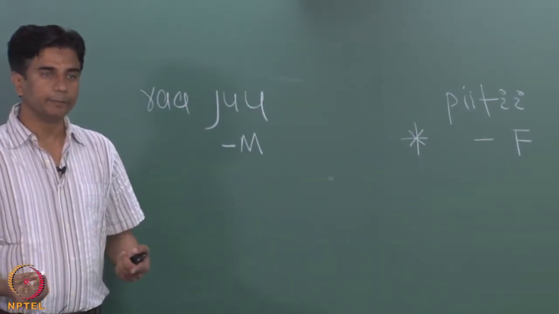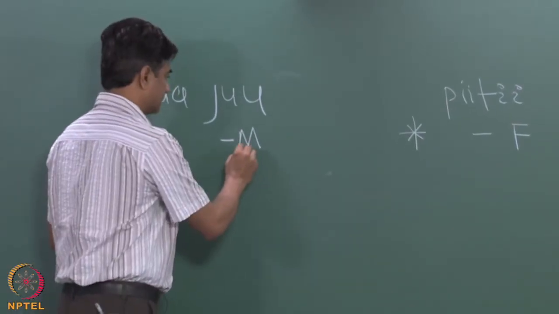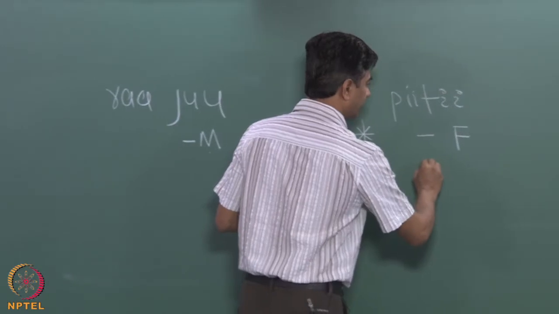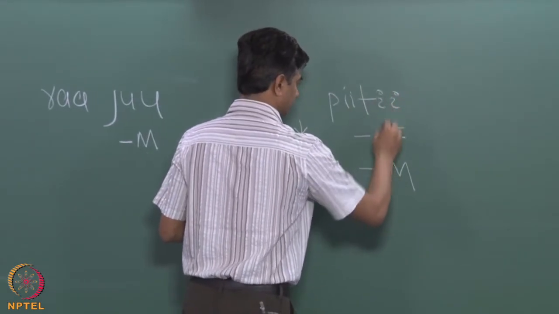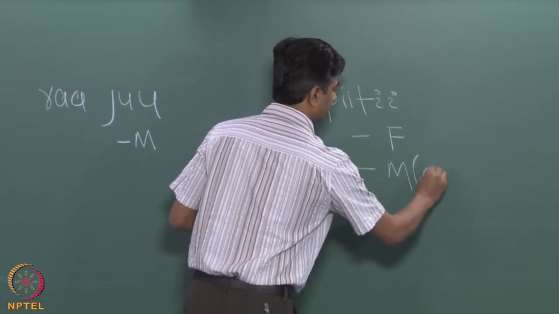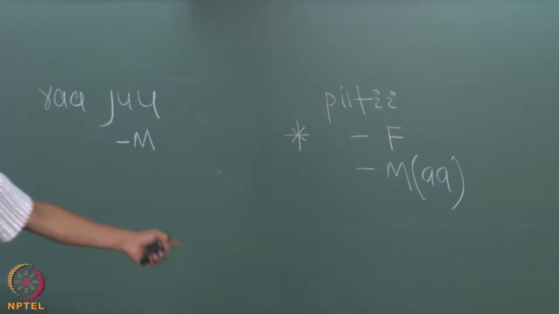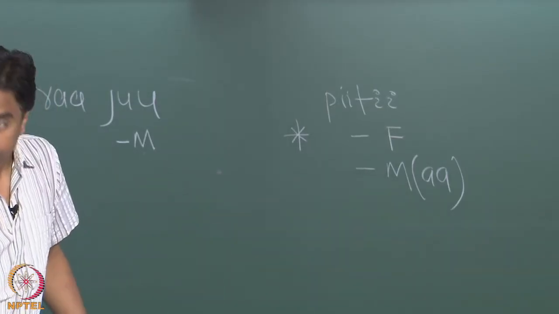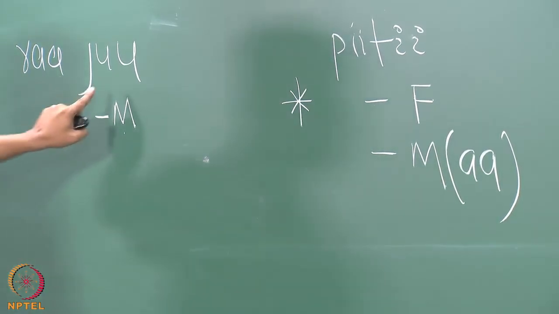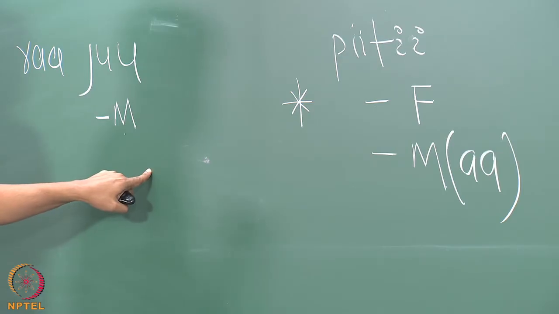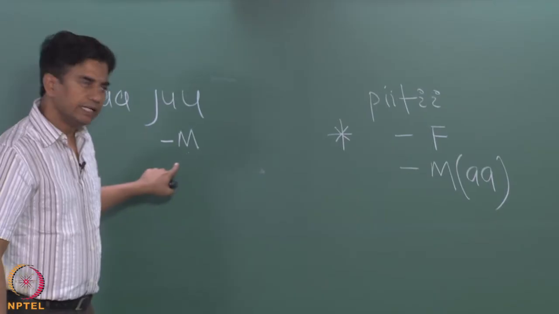What will make it grammatical is that because this is masculine, we have this thing also as masculine, which is sometimes marked with this. Then we know that this sentence is going to be grammatical. So we see clearly that gender is playing a role in a language like Hindi. Alright? Is number playing a role?